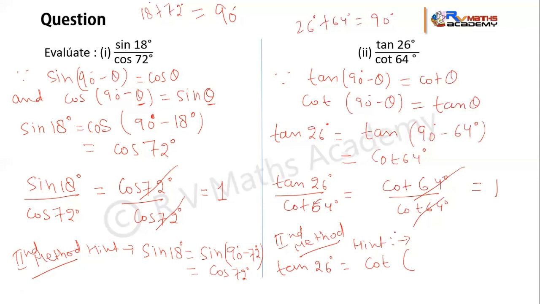So theta will remain same. So I can write cot 90 degree minus 26 degree. So this I can write cot 64 degree. So again I'm getting the same thing. So it's up to you which one you want to change. You want to change the trigonometric ratio or value, but the answer will remain same in every case.